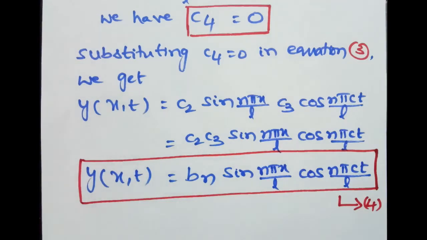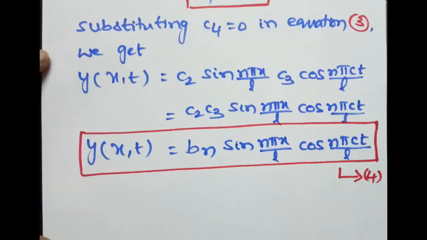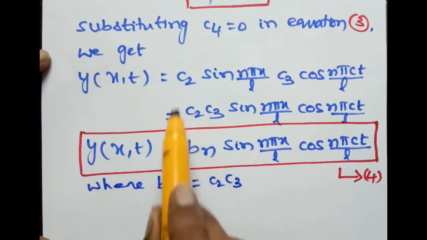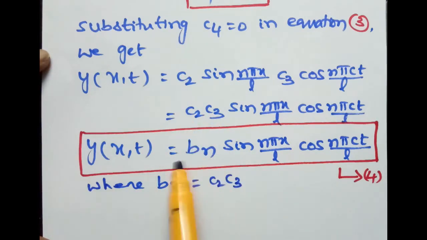The remaining solution will be continued in the next lecture, where bn is equal to c2 c3, we are assuming it as b suffix n.